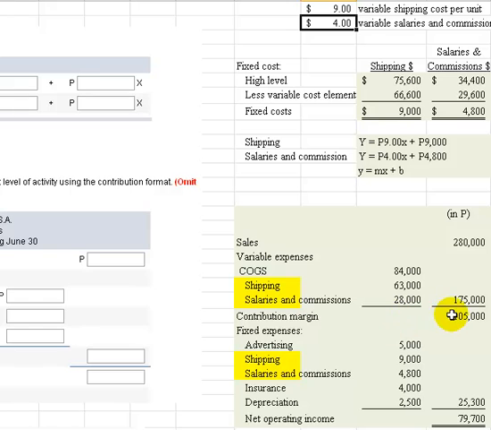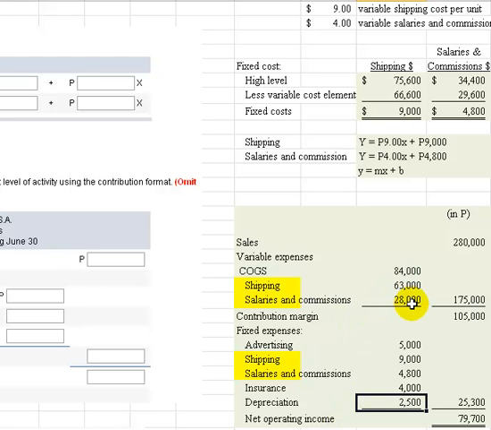Okay, so that gives us our total variable expenses. Subtract that from sales, we get contribution margin. And then we jot in the fixed expenses. Now the 5,000, the 4,000, the 2,500 we calculated earlier in this problem just because we saw no matter what the level of sales were, those dollar amounts remain the same, therefore they're fixed.